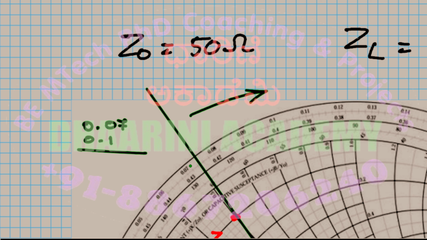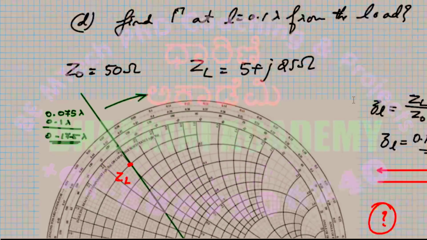This value is 0.075 lambda, so you have to reach 0.175. I need to add 0.1 lambda to that, so I need to move that much amount.